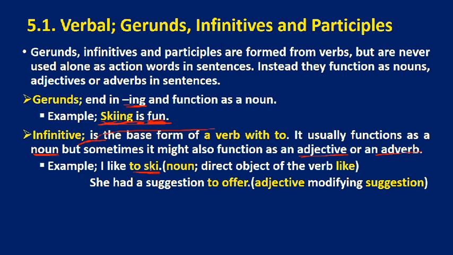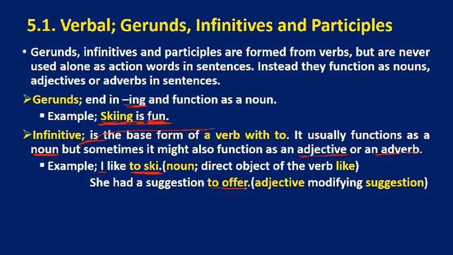The subject is I, performing the action of liking, and what is liked is skiing. So in this sentence, to ski functions as a noun. We use it as a noun. And the second sentence: she had a suggestion to offer.